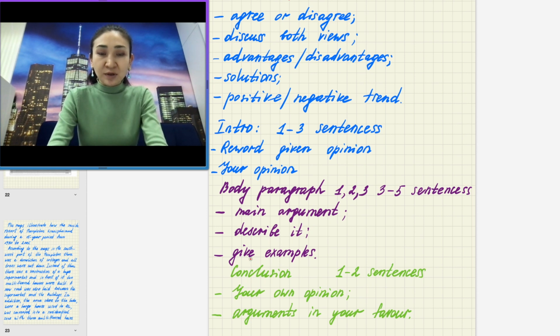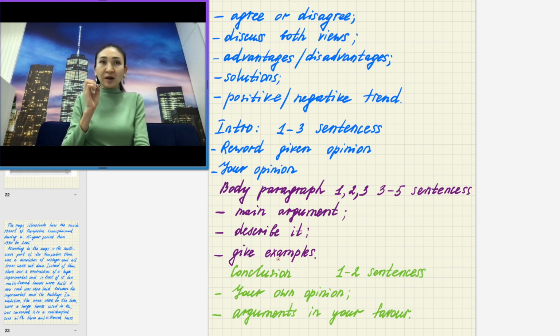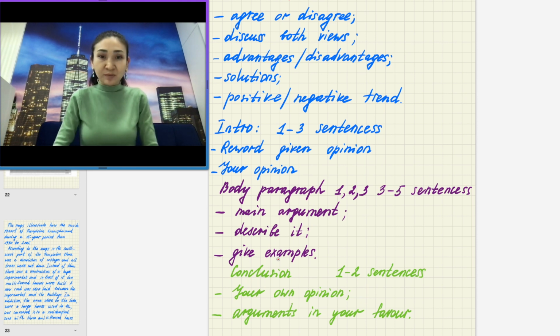Further is giving examples. Giving examples completely increases your score for sure, because if you give examples from real life, it's going to be better in order to convince the person who is reading your response.